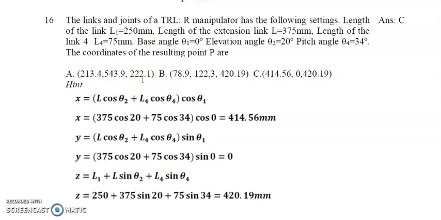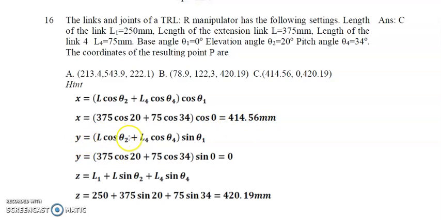Because it is a 3 degrees of freedom problem, so they have given the X, Y and Z positions. So we substitute the values: L is equal to 375, cos theta 2 is cos 20, that is the elevation angle, 75 cos 34, that is the pitch angle, into the base angle cos 0, that is equal to 414.56.